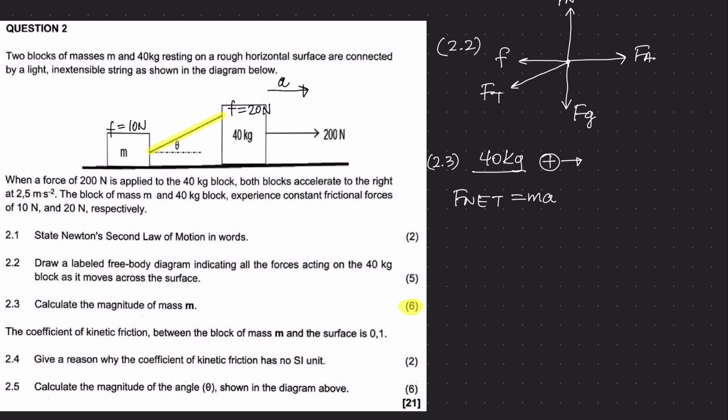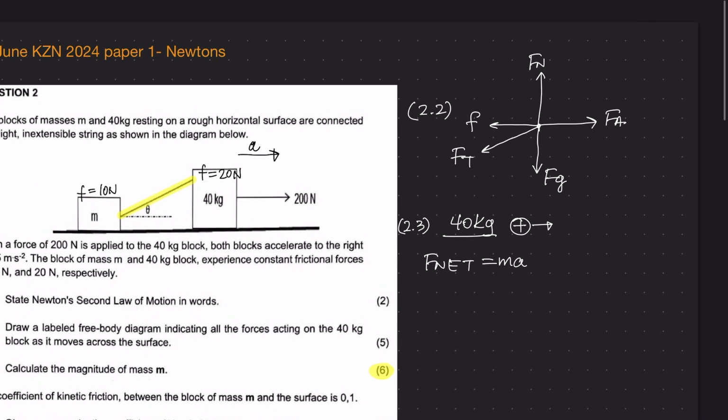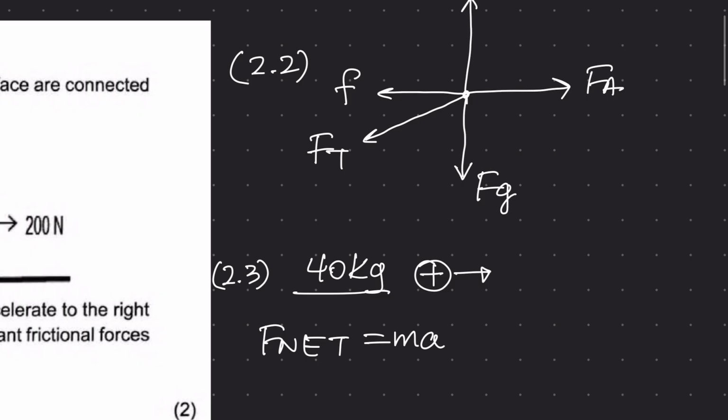So the forces that we're going to be interested in here are going to be the force applied, the friction, but also the horizontal component for tension. And this is the first time many of you may have seen this. Usually it's for the force applied, but in this case, the tension force is acting at an angle, so the tension force will be broken up into components. So how do we work this out?